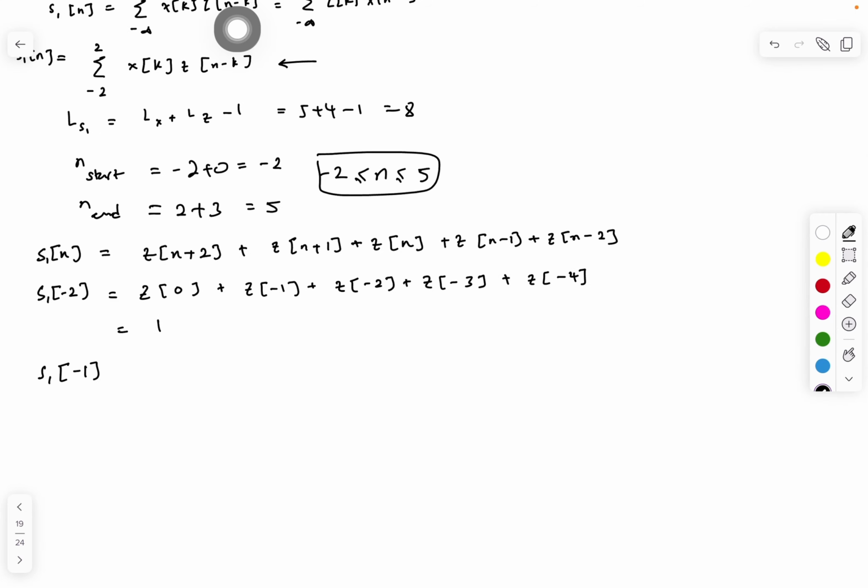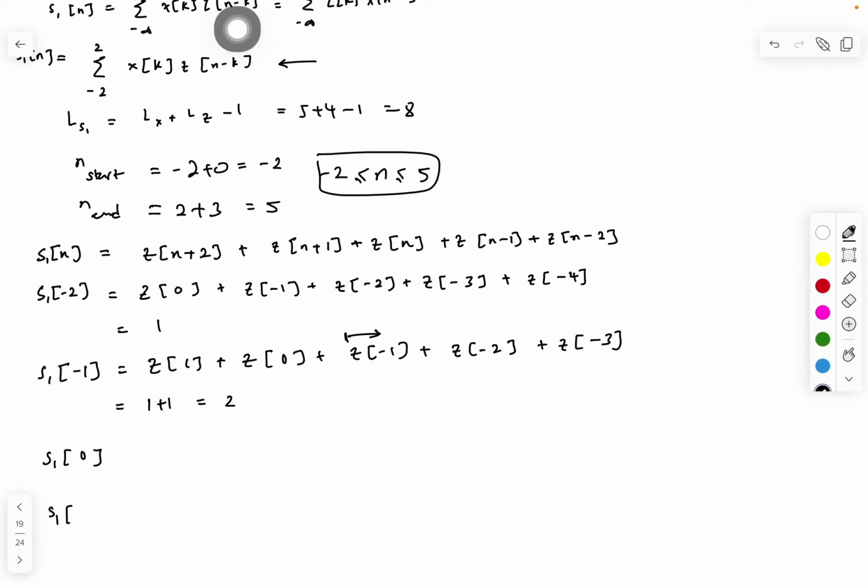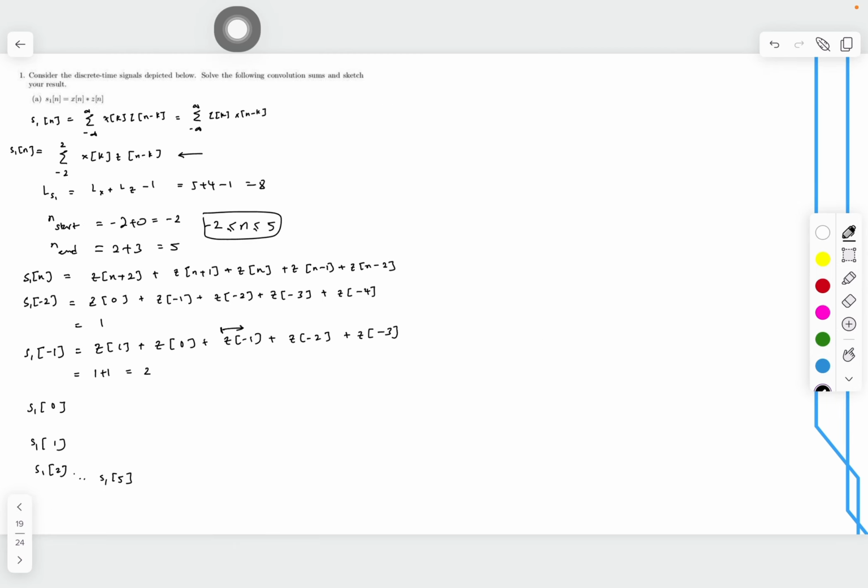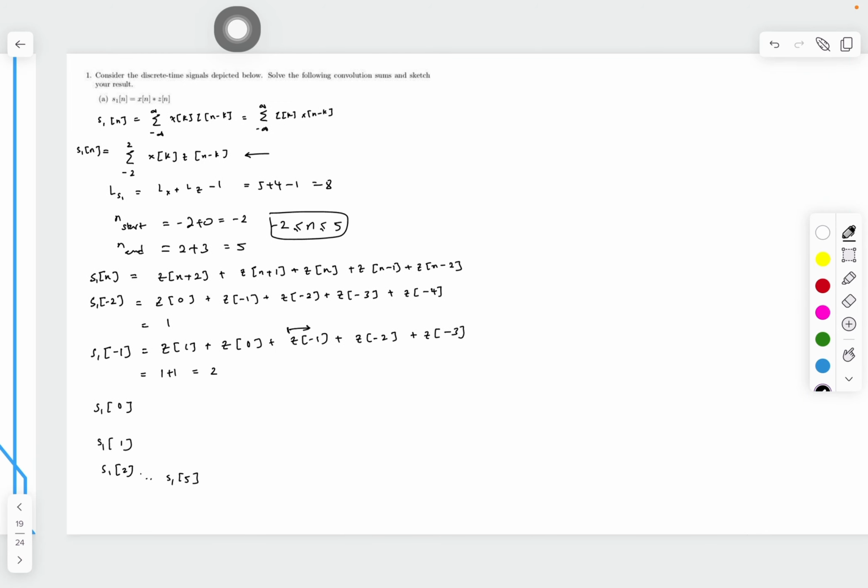And then we substitute minus 1, so we get z[1] plus z[0] plus z[-1] plus z[-2] plus z[-3], and all of these from the third term onwards are going to evaluate to 0. So we only have z[1] and z[0], so that's 1 plus 1 is equal to 2. And we do the same thing for 0 and 1 and 2 all the way up to s1[5]. Since this is a repetitive process, I'm just going to put the solution in the slide.